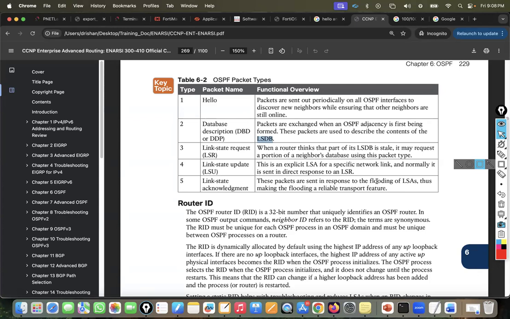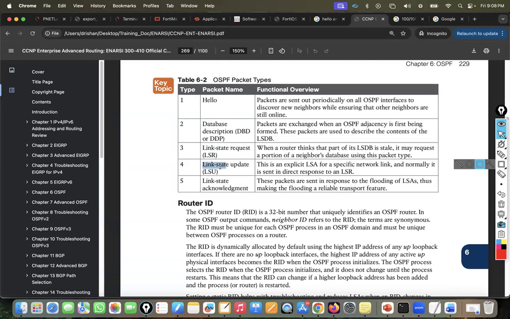And once you receive that, then it is the link state acknowledgement. So you can see here, when the router thinks that part of the LSDB is stale, meaning missing or not available, it may request a portion of the neighbor's database. It's a partial update, not the full LSDB update. LSR is requested for the partial update, and based on that it gets the LSU.